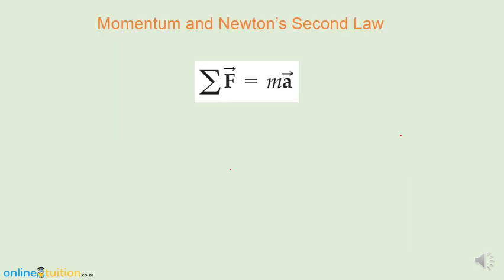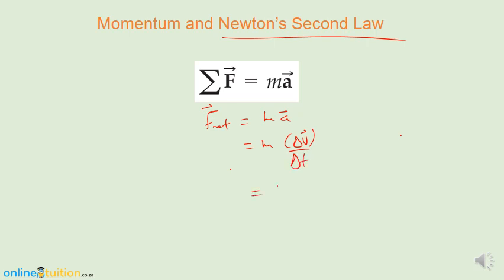What we want to do is, we've studied Newton's second law in grade 11, and we're going to look at how Newton's second law is related to momentum. So you know that the net force acting on an object is equal to m times a. So another way of writing it is F net is equal to m times a. But a is nothing more than delta v over delta t, right?